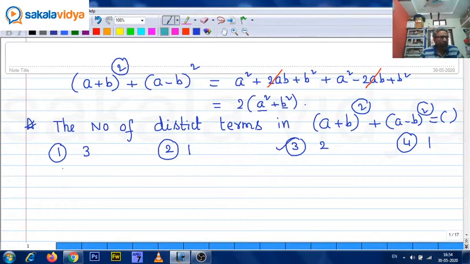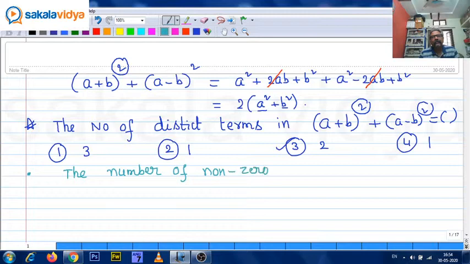See, one important formula we can discuss. The number of distinct or non-zero terms, because 2ab becomes 0 here.